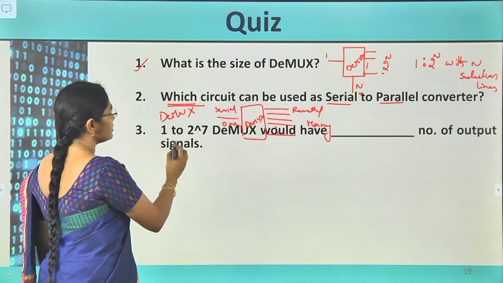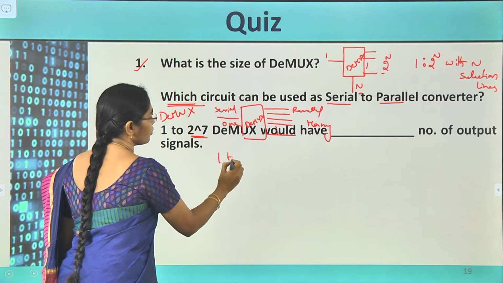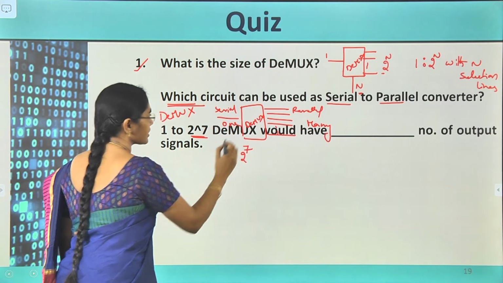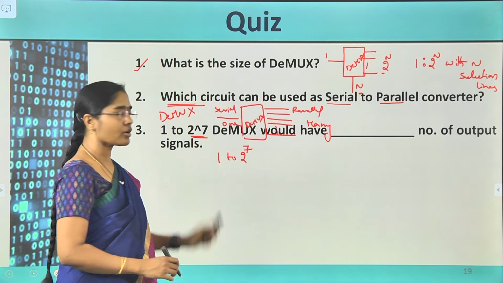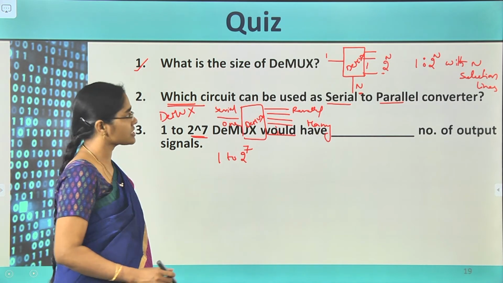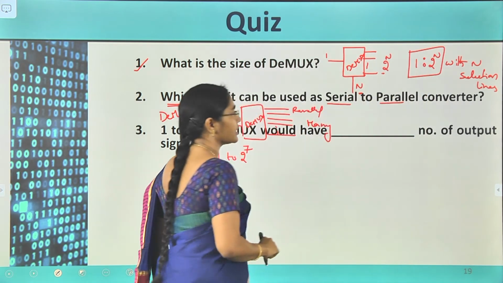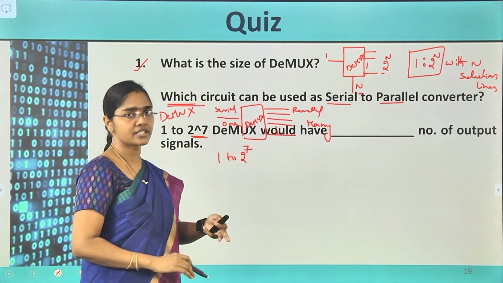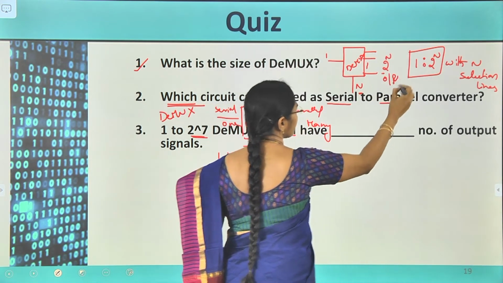Next, see the third question. A 1 to 2 power 7 demultiplexer would have dash number of output signals. Just now we have seen the size, that is 1:2 power n with n selection signals, where 2 power n is the outputs.